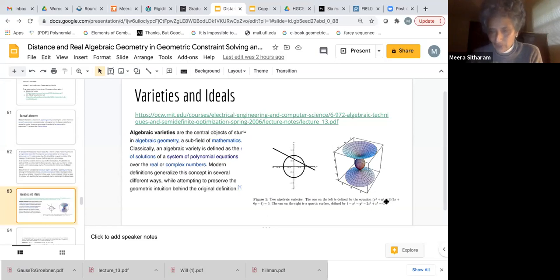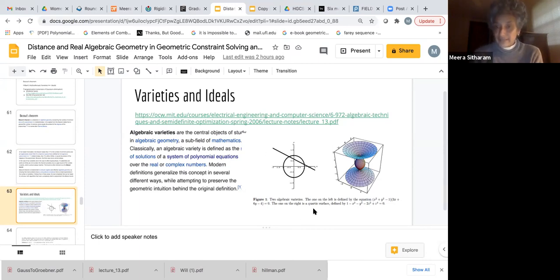The first polynomial represents the circle of radius 1, and the second polynomial represents this line. So this union of the two is exactly the set of all xy values such that the product is equal to 0, since the product is 0 if either one of them is 0. That gives you the union.